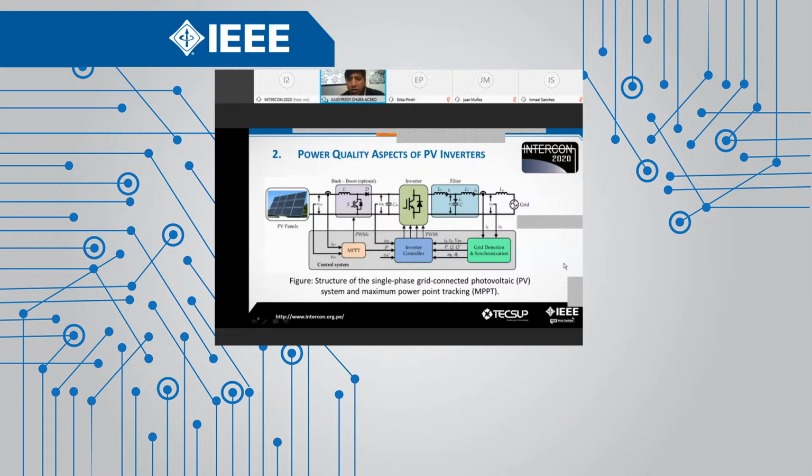And this is how the harmonics work in the grid. For example, in these results, we have a voltage of 220 volts. Also the structure of the single-phase grid-connected photovoltaic system and maximum power point tracking with an MPPT. This is working in this figure.